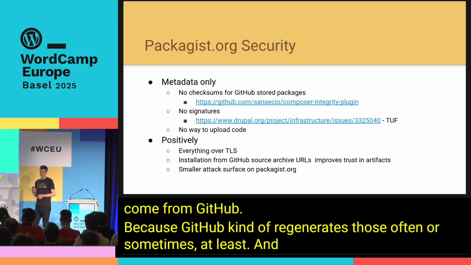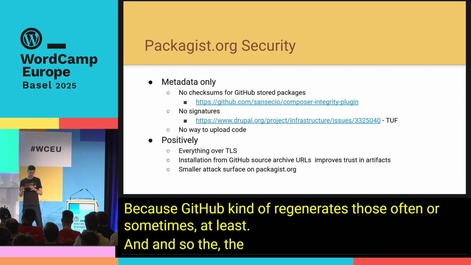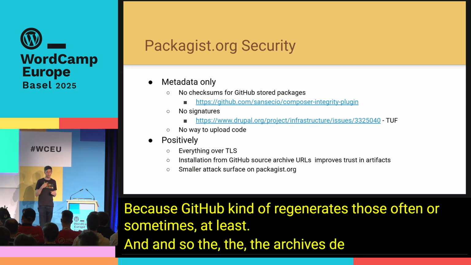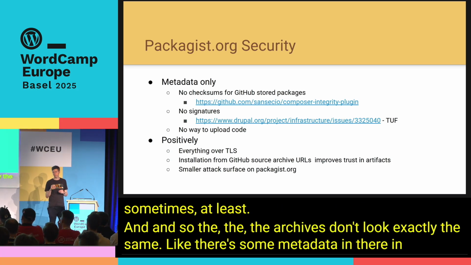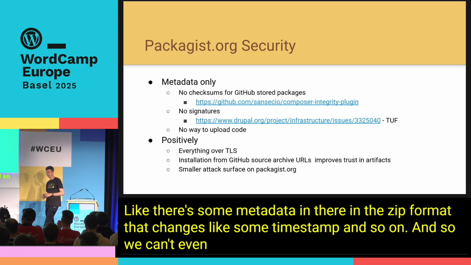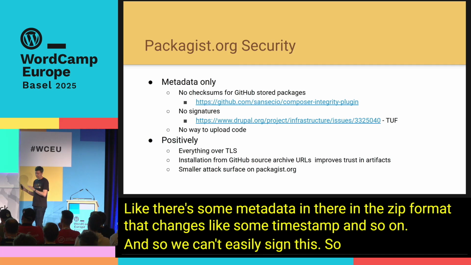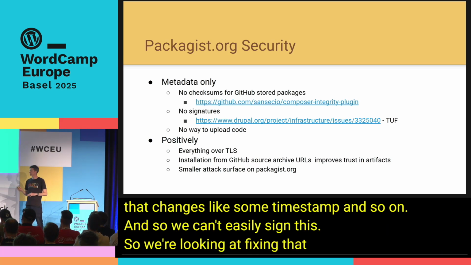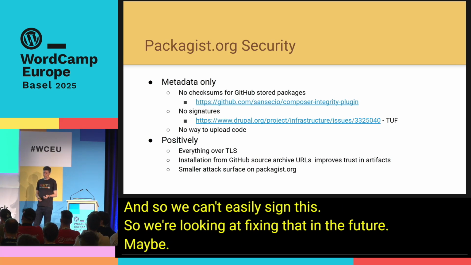So the archives don't look exactly the same. There's some metadata in the zip format that changes, like timestamps and so on, so we can't easily sign this. We're looking at fixing that in the future, maybe, but that's how it is right now.